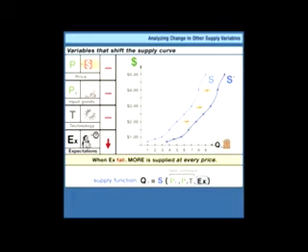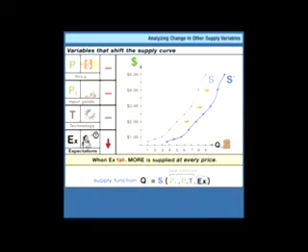So there you have it, a catalog of things that can shift the supply curve. We formed this catalog by starting with a list of all of the factors that influence supply. Once we had the list, we considered how each factor in the list would change the seller's behavior. We showed, first of all, that a change in price causes a movement along the supply curve, a change in quantity supplied.